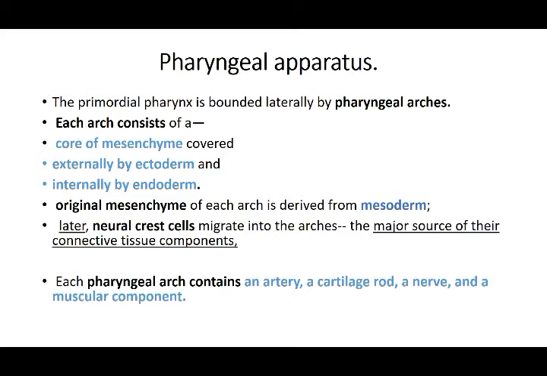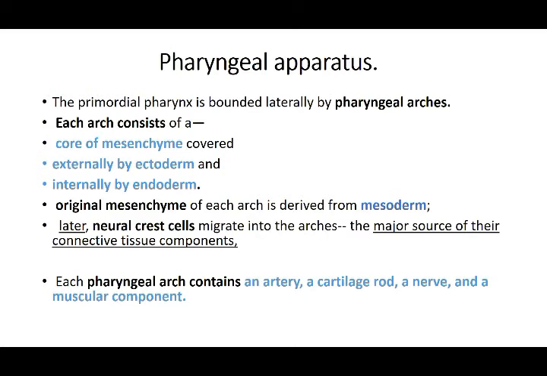The apparatus consists of a core of mesenchyme. We are talking about the pharyngeal arches. They have a core of mesenchyme, that is mesoderm, externally covered by the ectoderm, and internally by the endoderm. This is again a trilaminar structure.